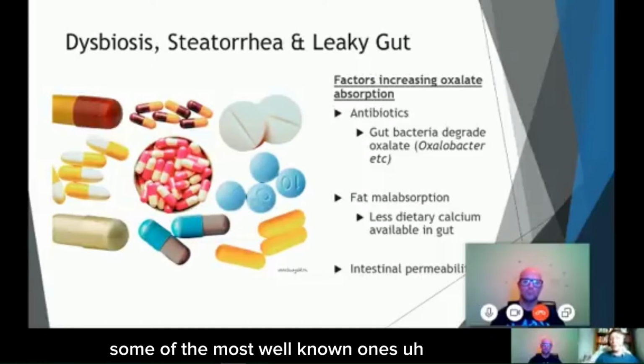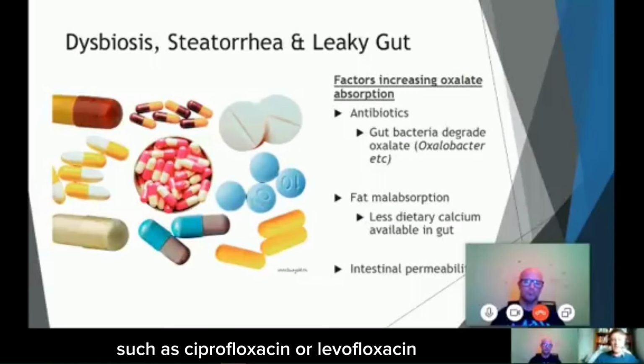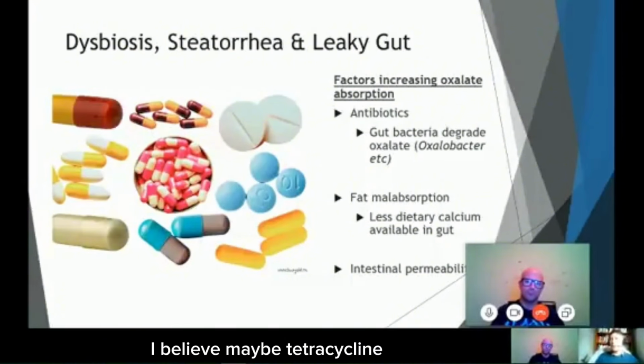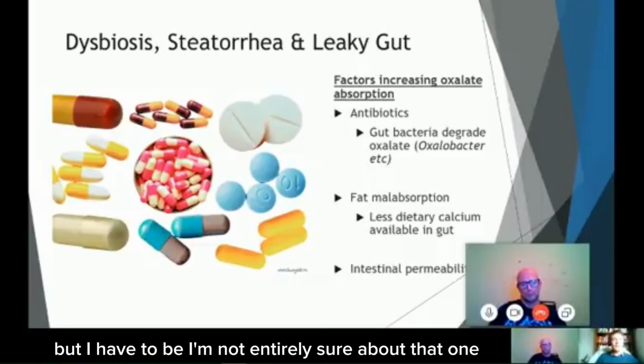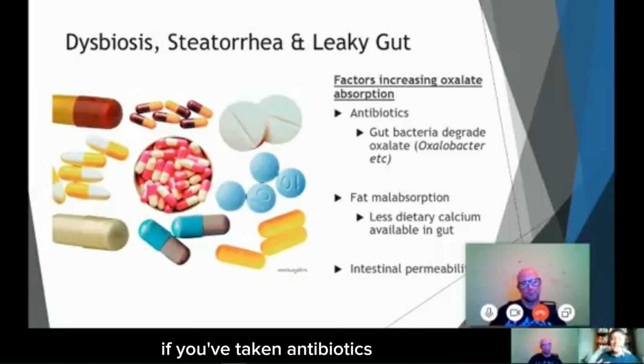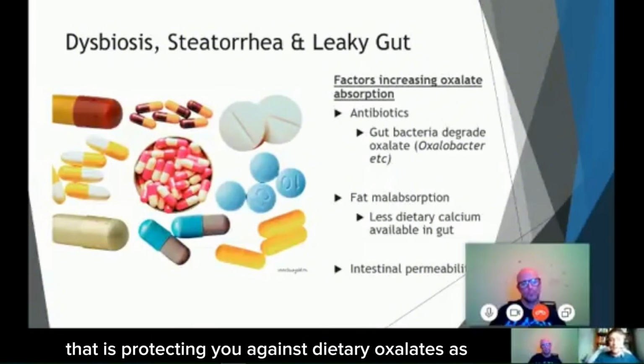Some of the most well-known are the fluoroquinolone antibiotics, such as ciprofloxacin or levofloxacin, but there are also many others such as nitrofurantoin, and I believe maybe tetracycline, but I'm not entirely sure about that one. What you need to know is that many antibiotics can essentially kill off the bacteria that is protecting you against dietary oxalates.